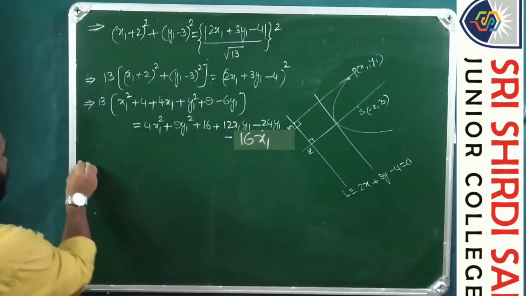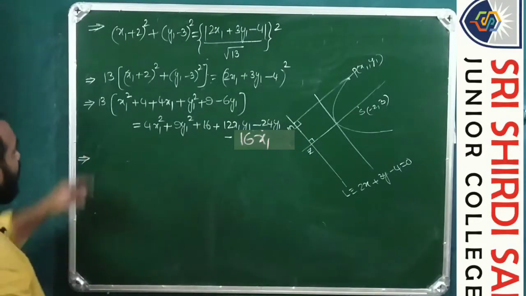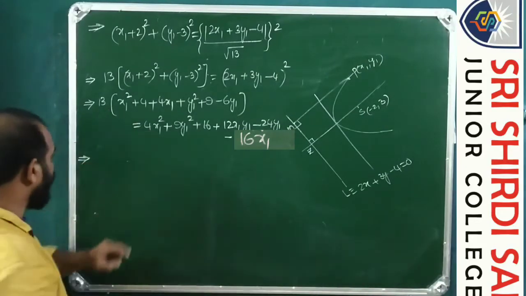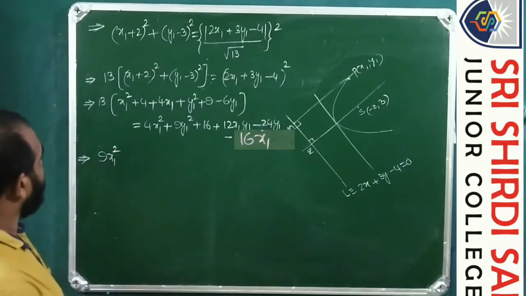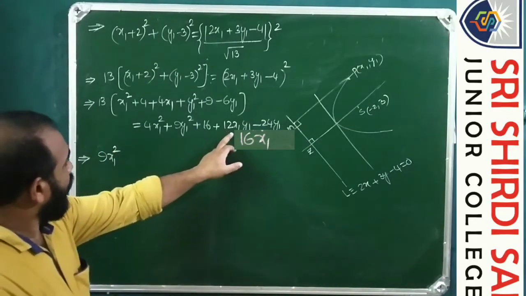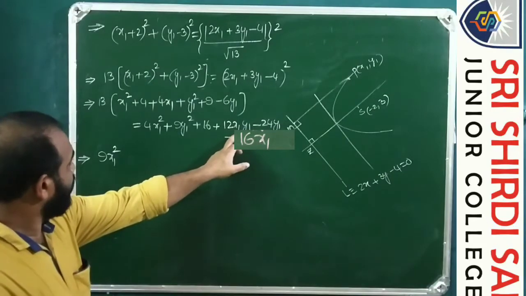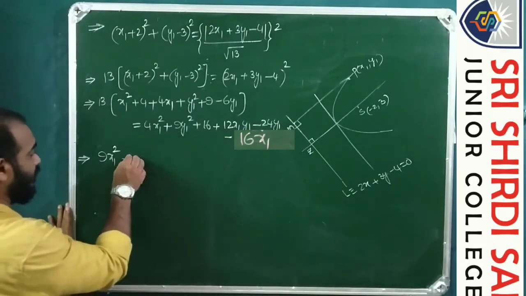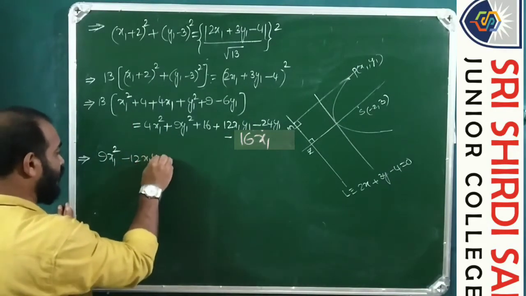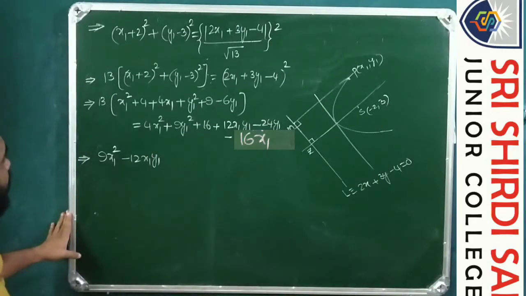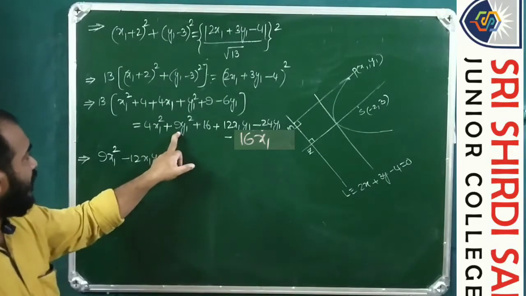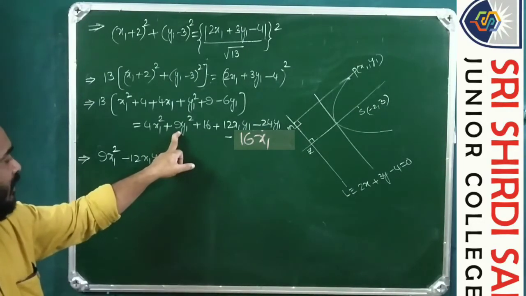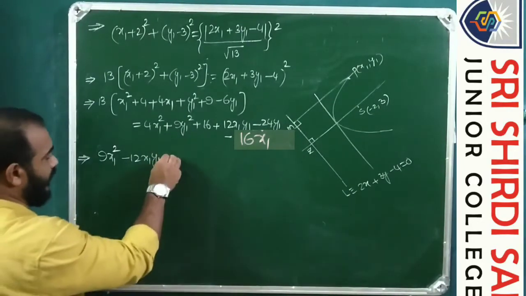This is equal to 13x1² minus 4x1² is 9x1². Next, this is 12x1y1. If you transpose to this side, minus 12x1y1. This is 13y1², this is 9y1². 13 minus 9 is 4y1².